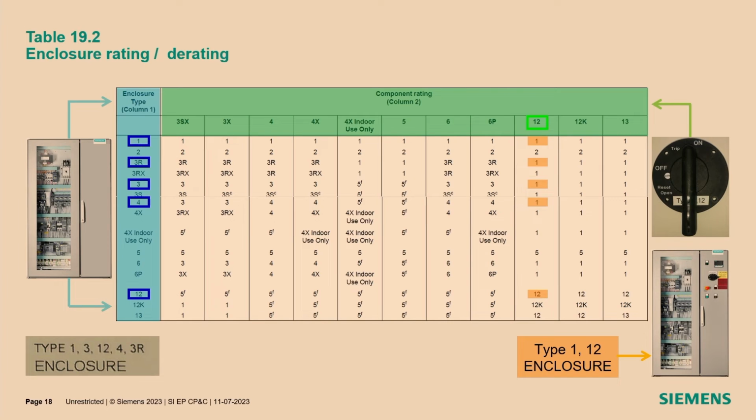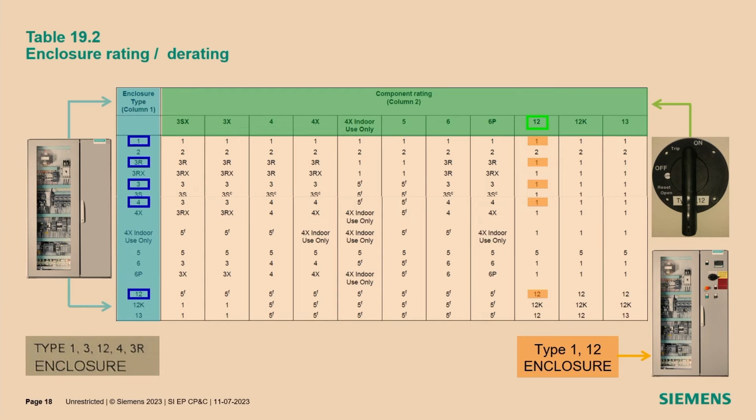So if you build in this plastic handle, you reduce the enclosure type of the cabinet to 1 and 12. That's all. Okay? So if your client says, yes, okay, I like this, it's enough for my application, then you are happy, then you can build this plastic handle into the cabinet and everything is okay.